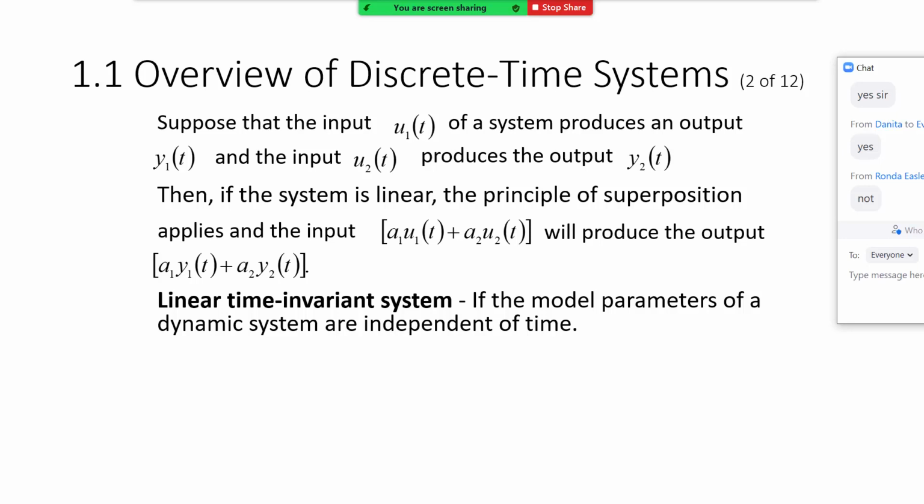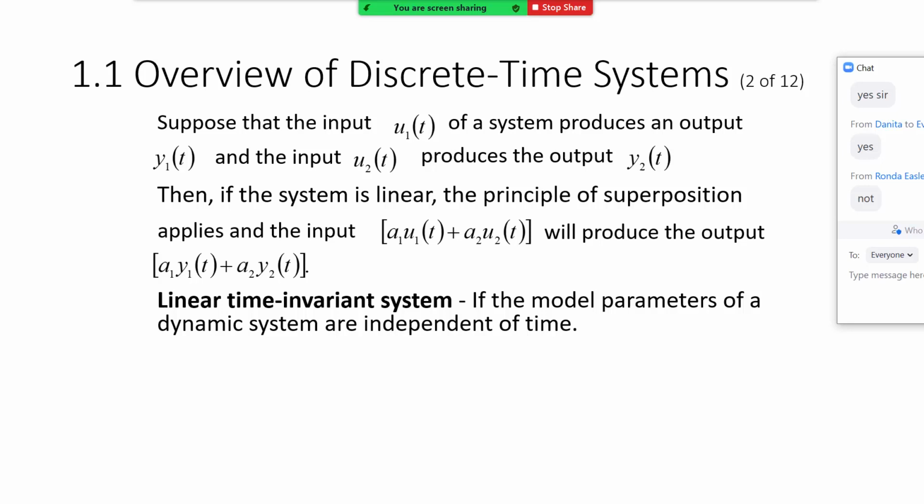If the system is linear, I imagine everybody is familiar with linearity. Nevertheless, it's always good to refresh on these definitions. In a linear system, you double the input, you're going to double the output. You apply two inputs, the output is going to be the output of the first input plus the output of the second input. We like linear systems because they are much easier to study, and there are lots of tools that we can apply to them.